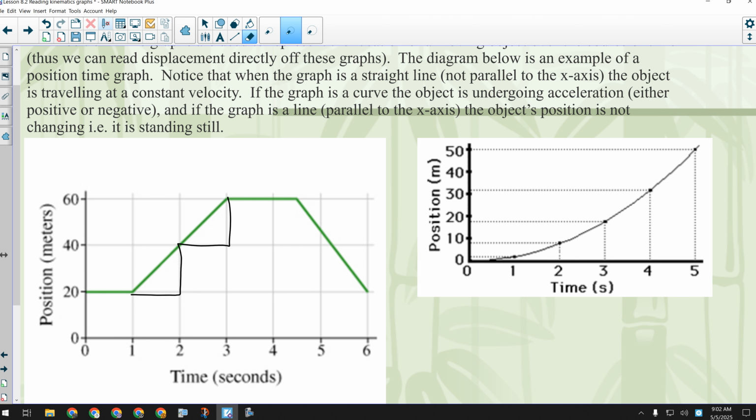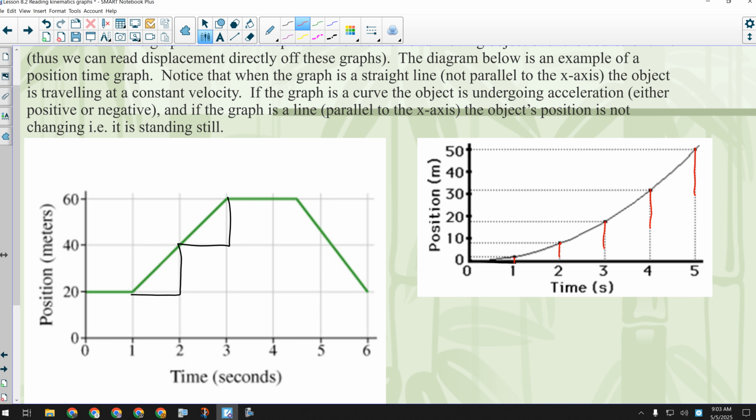In this graph, in the first second, the object changes its position by only this much, that little red line. But in the next second, it changes its position by that much. And in the second after that, it changed by that much. And in the next second, even more. And in the next second, even more than that.